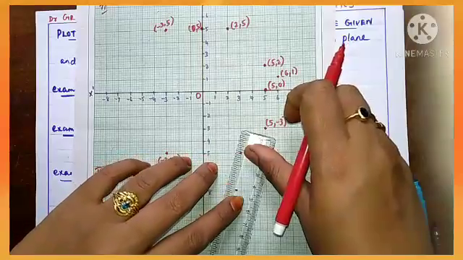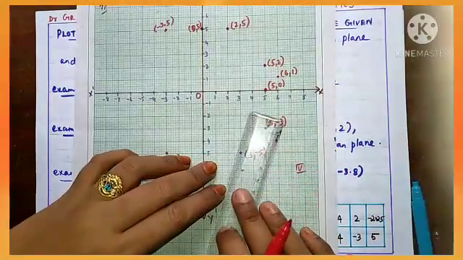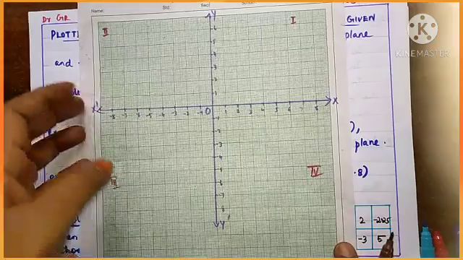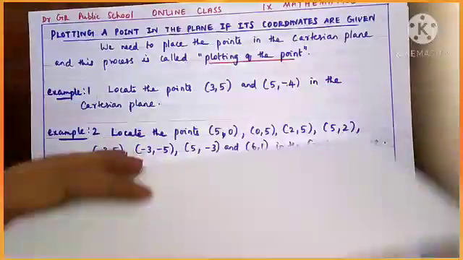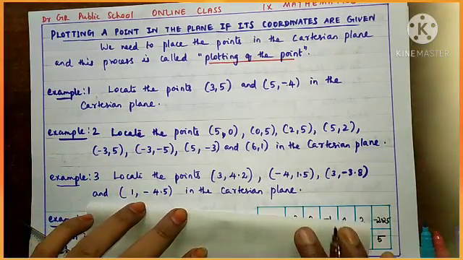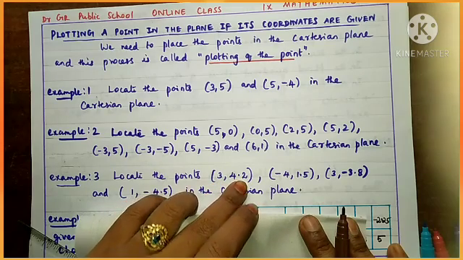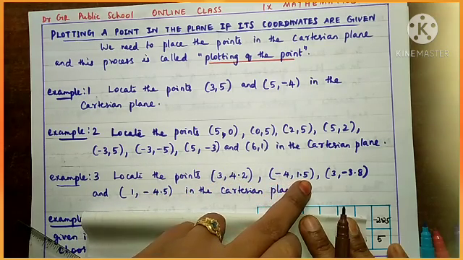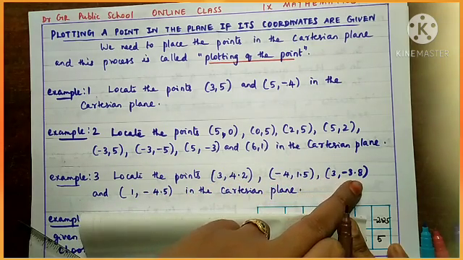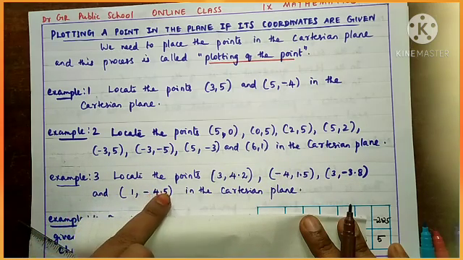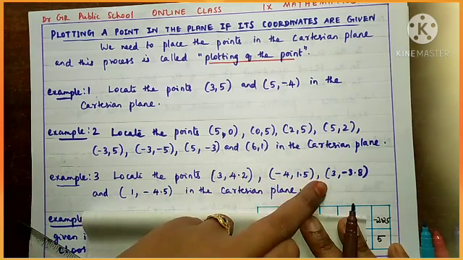So I think all of you understood. So carefully all of you mark the points. So now see the third example. What is the third question here? Yes. Locate the points 3, 4.2, minus 4, 1.5, 3, minus 3.8 and 1, minus 4.5. So here you can see decimal numbers.